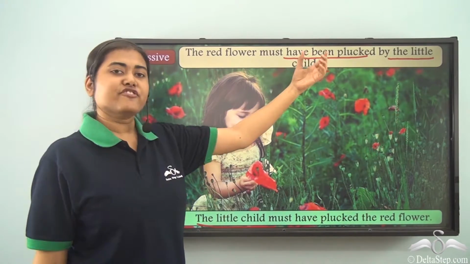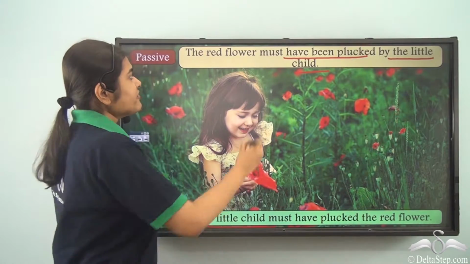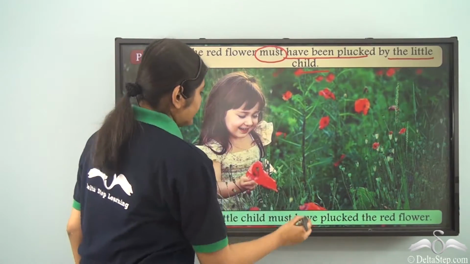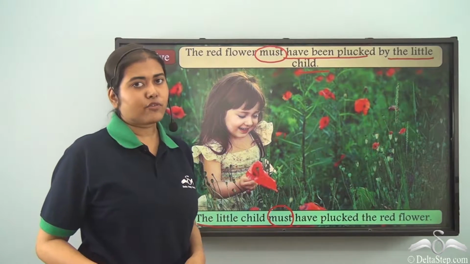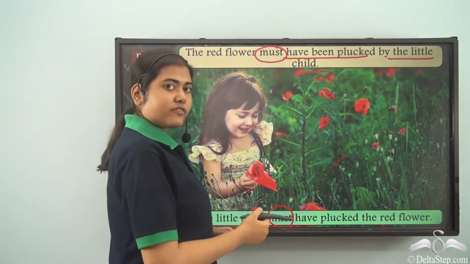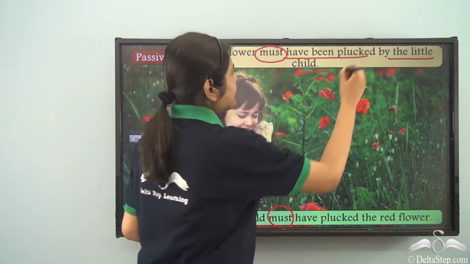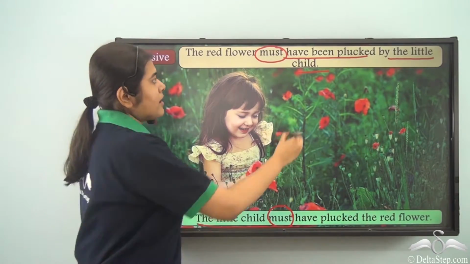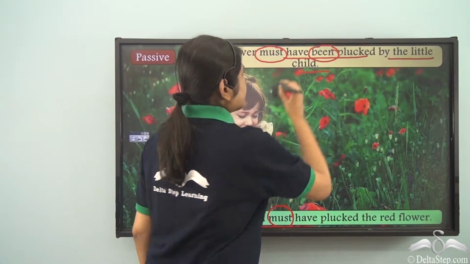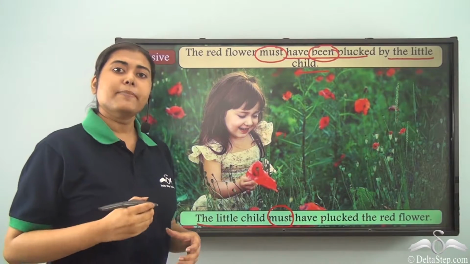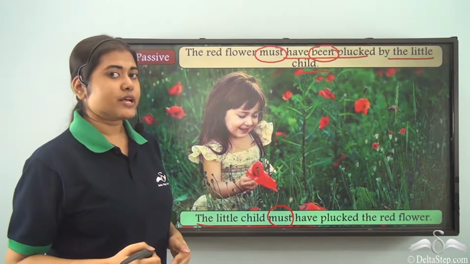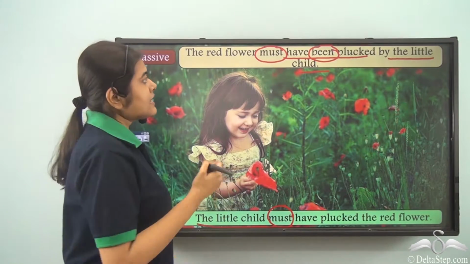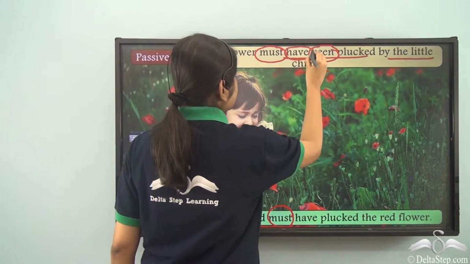Now must have been plucked. Whenever we have a modal, we keep it as it is. The modal never changes with the voice. Now look at the rest of the verb. Have been plucked. So here, been is telling us that it is in the perfect tense. Now whether it is in the past or in the present or in the future tense is determined by this part.